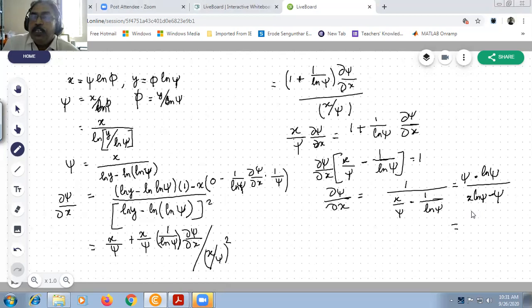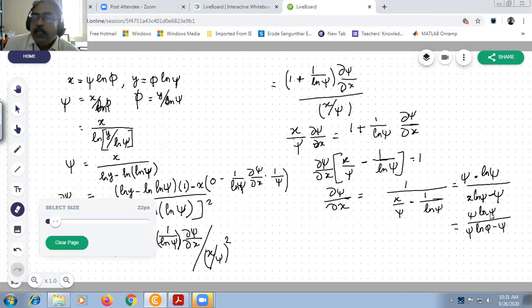See, now you change the x. Psi ln phi. This x can be shifted as psi ln phi minus, right? Okay.